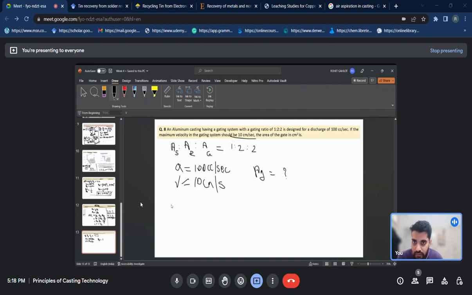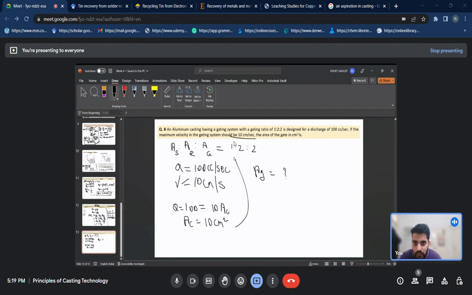Okay then, you can directly write Q as area times velocity. Velocity is given as 10 centimeter per second. From here we can find this area is 10 centimeters square.